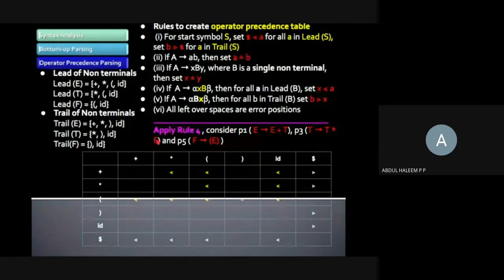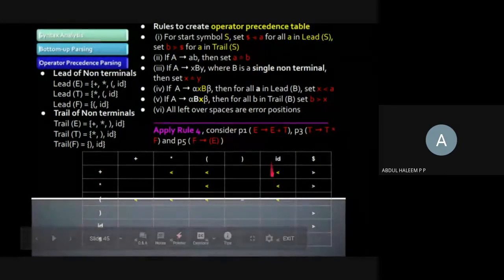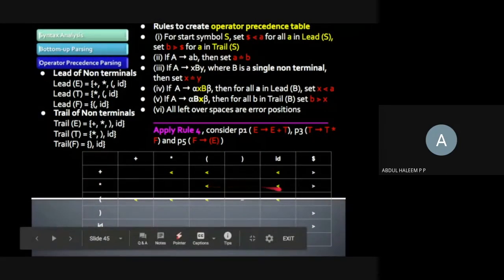Lead of F is left bracket and ID. So star is less than left bracket, star is less than ID. So even these two columns are also filled. It is as per rule number 4 upon P3.